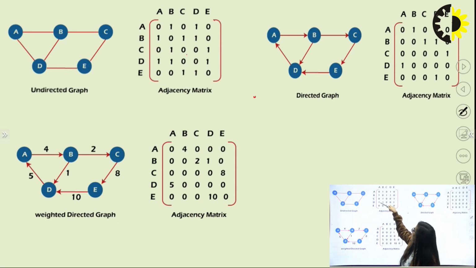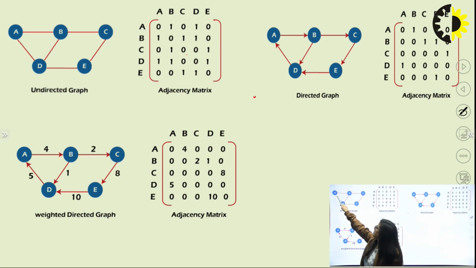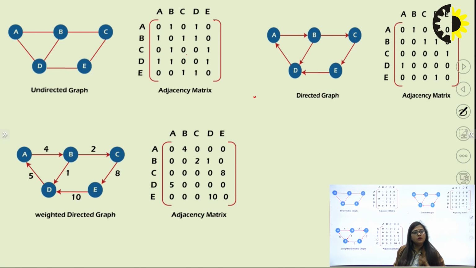Now how do we write 0 and 1? Check whether each node can move directly to another vertex. If you can move directly from one vertex to another, write 1, otherwise write 0.